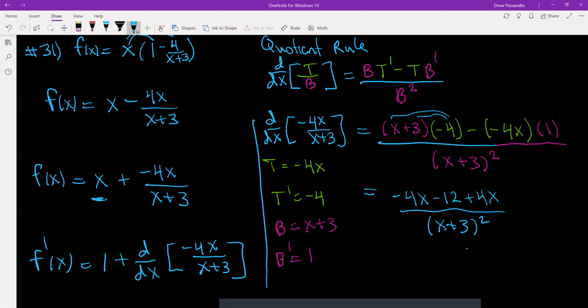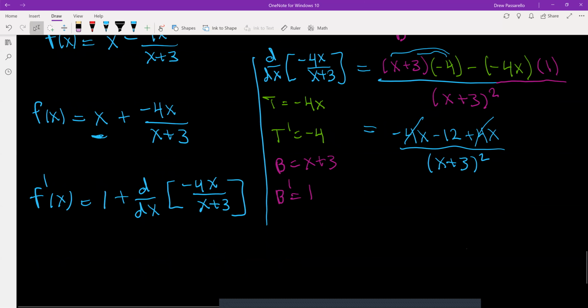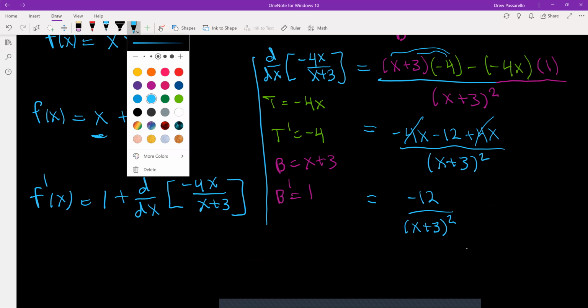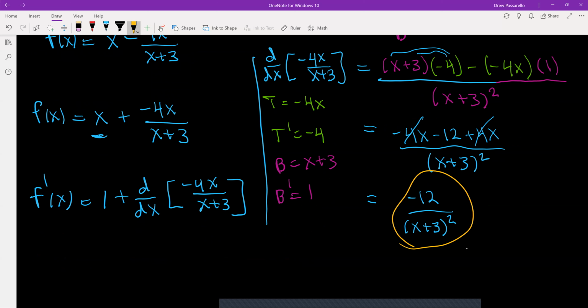And I can cancel out the negative 4x with positive 4x to make negative 12 over x plus 3 squared. All right, that is the derivative of negative 4x over x plus 3. So that is this part.